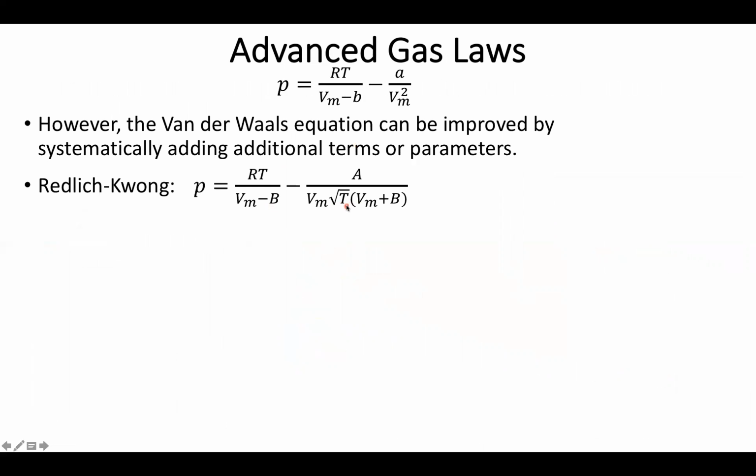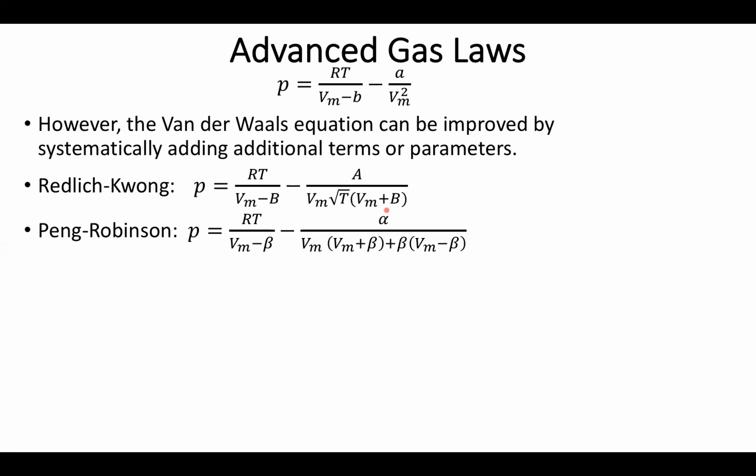So I add in a temperature dependence into my intermolecular force interactions, as well as acknowledging the reduced volume. Now, it turns out the Redlich-Kwong equation is almost always better than the van der Waals equation. However, you may notice that it might not be quite so easy to use.